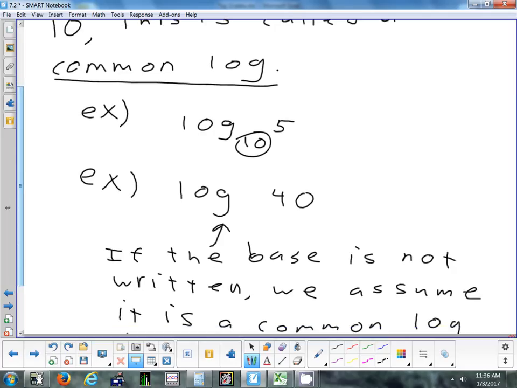So anytime you leave the base blank, that's okay, as long as it's supposed to be base 10. If you don't fill in the base, I'm going to assume you mean 10. It's kind of like if I put an x and I don't put a number in front of it, I assume it's a 1 if you don't put anything. Same idea.